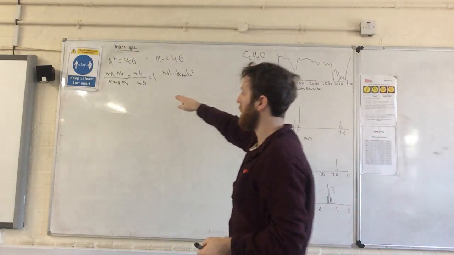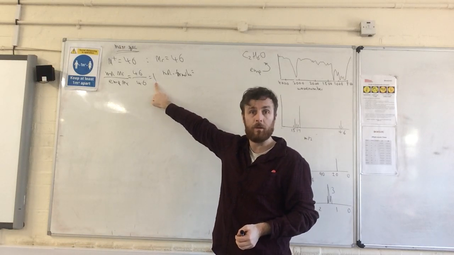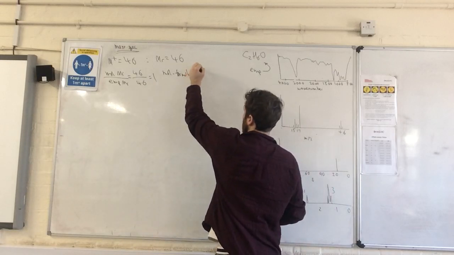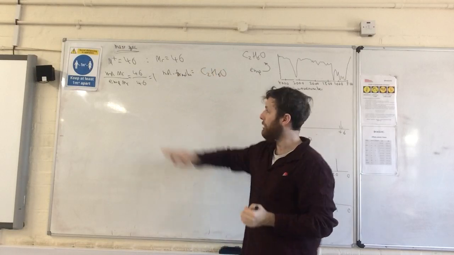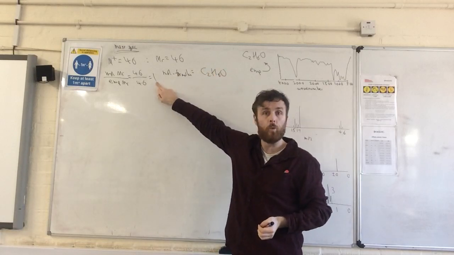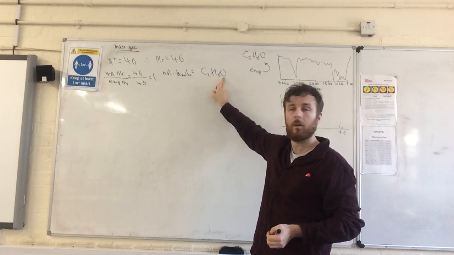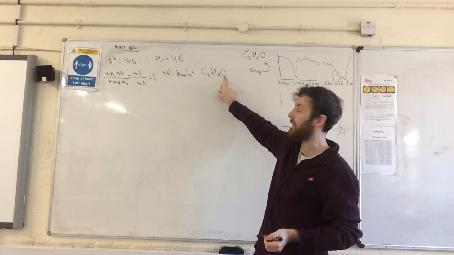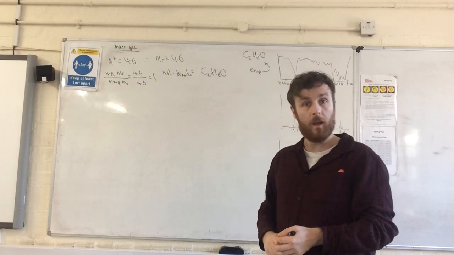So this is telling me my molecular formula is 1 times as big as my empirical, therefore my molecular formula is my empirical. So that's just going to be C2H6O. If this final number had come out as 2, then my molecular would be C4H12O2. If this had come out as 3, it'd be C6H18O3. Right. So that's all we can get from mass spec for now.